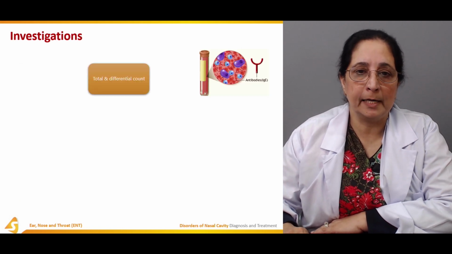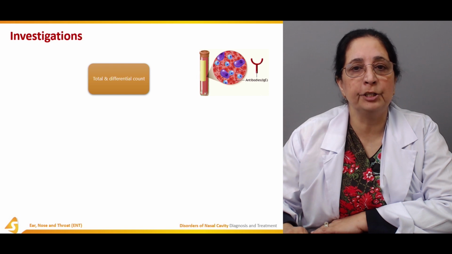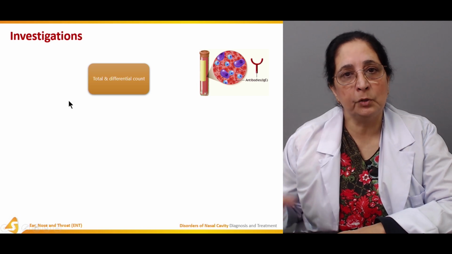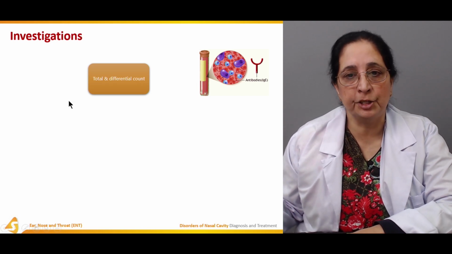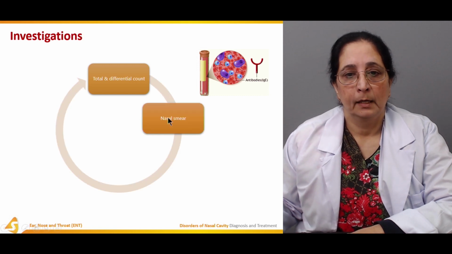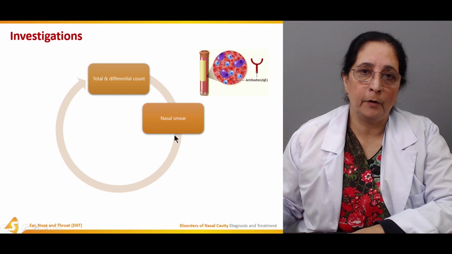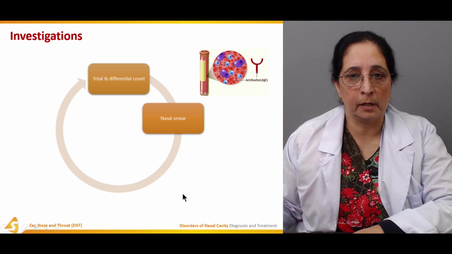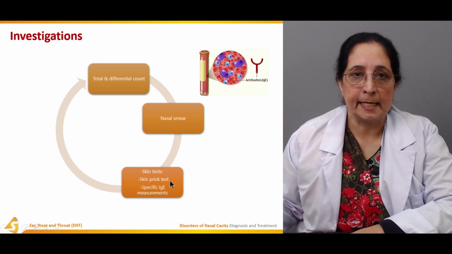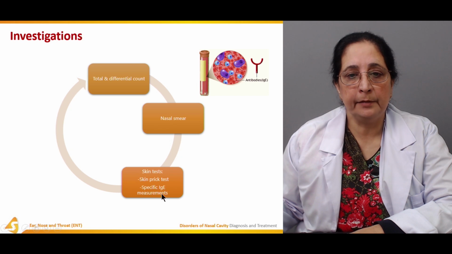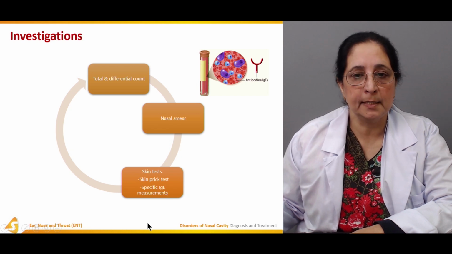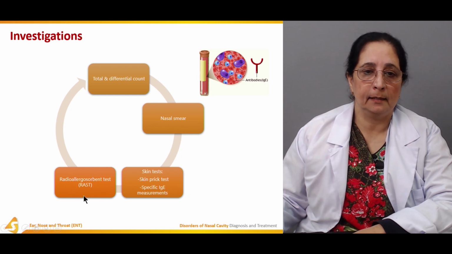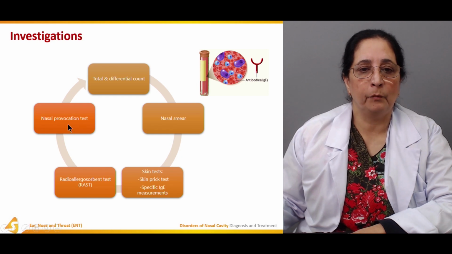Investigations of allergic rhinitis: total and differential count, so TLC and DLC. TLC is total count, DLC is differential count. Nasal smears are performed to look for any causative agent or microorganisms. Skin tests: skin prick test, specific IgE measurements, radioallergosorbent test, and nasal provocative tests.